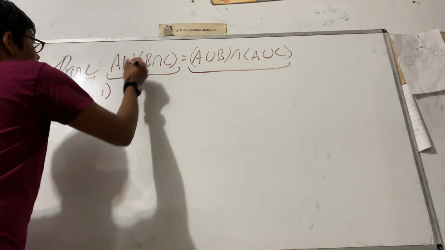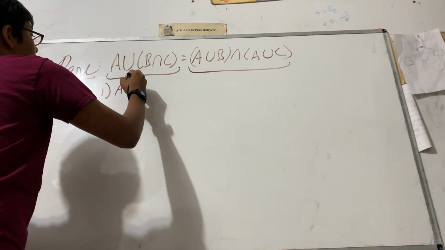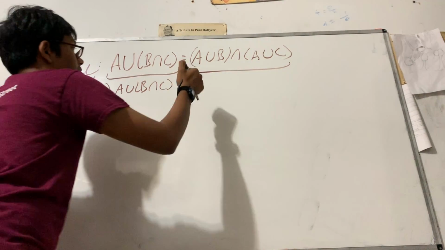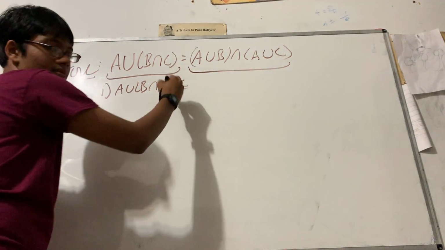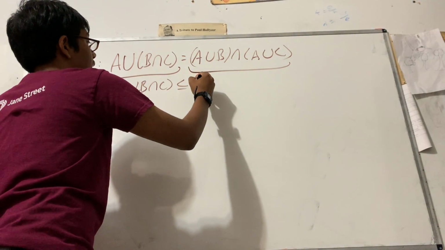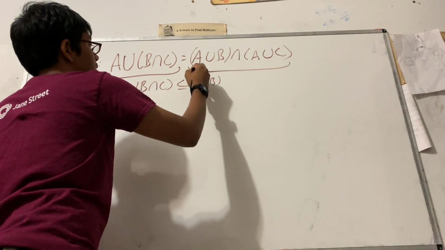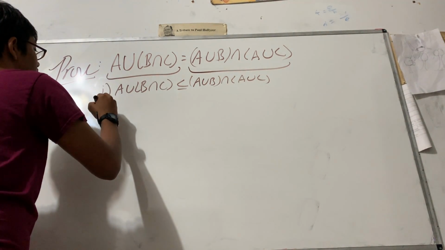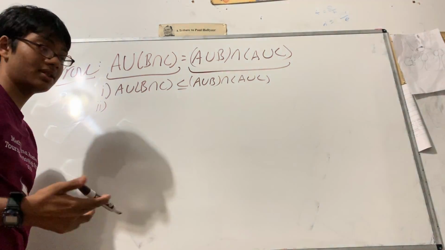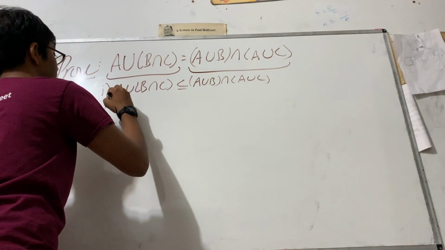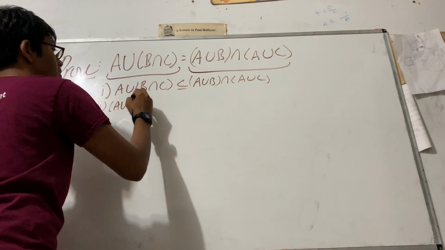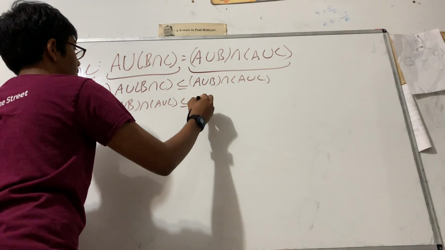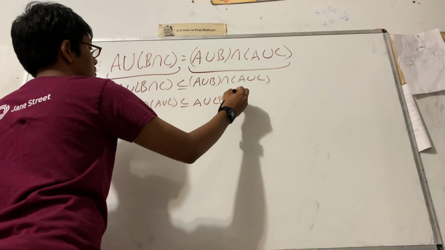Our first goal is to show that A union (B and C) is a subset of (A union B) and (A union C). By the way, this symbol means subset. And we also have to show the opposite, that (A union B) and (A union C) is a subset of A union (B and C).